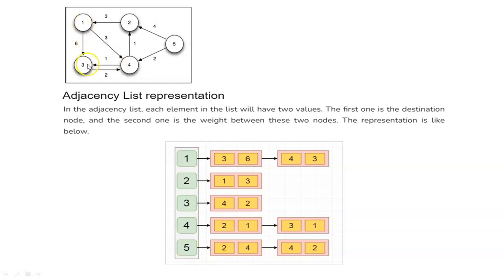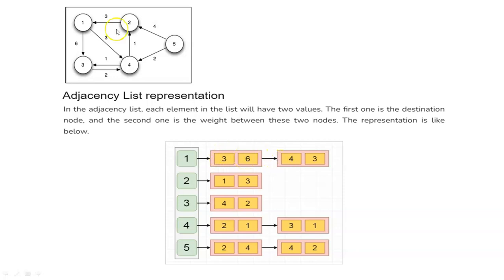From 1 you can travel to vertex 3 as well as 4. Now along with the vertex name you are going to consider the weights also. From 1 you can go to node 3 with a weight of 6. That's why it is represented as 3 and 6.